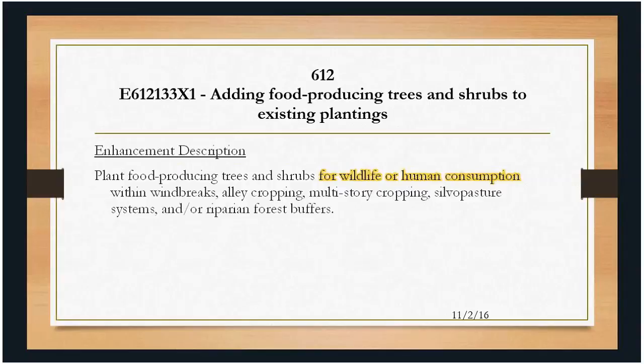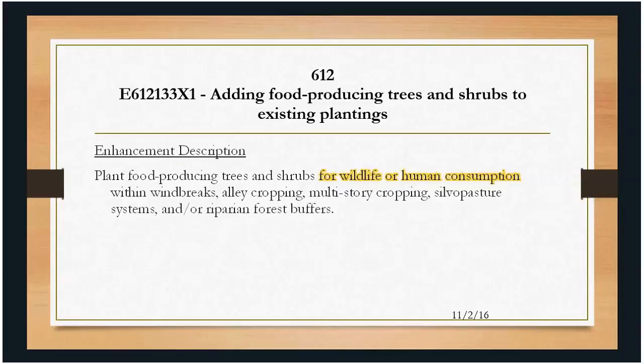But here's the one that I read and I thought, wow, planting apple trees. That might be popular. I don't know. The enhancement description here is plant food producing trees and shrubs for wildlife or human consumption. Well, here's the trick.